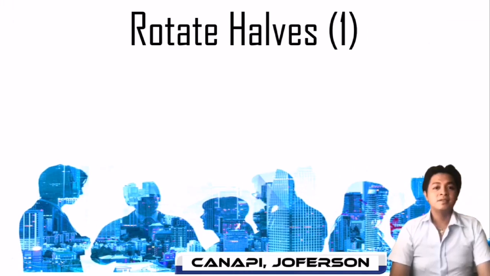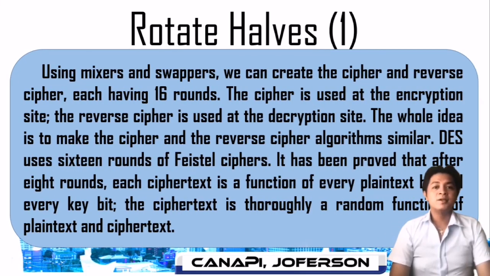Rotate halves. Using mixers and swappers, we can create the cipher and reverse cipher, each having 16 rounds. The cipher is used at the encryption site. The reverse cipher is used at the decryption site. The whole idea is to make the cipher and the reverse cipher algorithms similar.